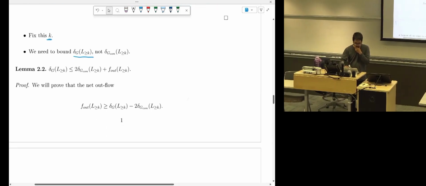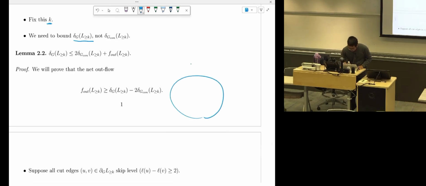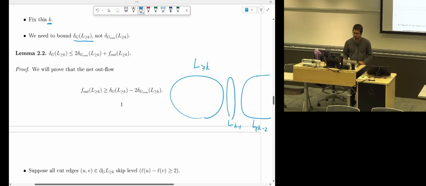Maybe imagine this first. Okay, I draw it. This is L_K at least K, this is L_K equals K minus 1, and this is L_K at most K minus 2.